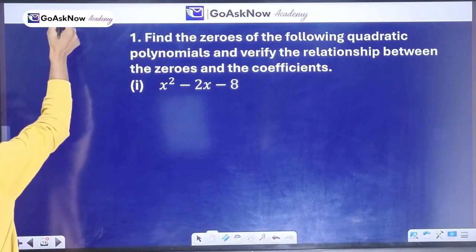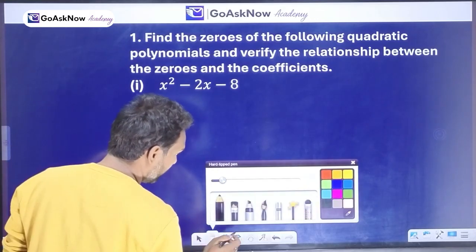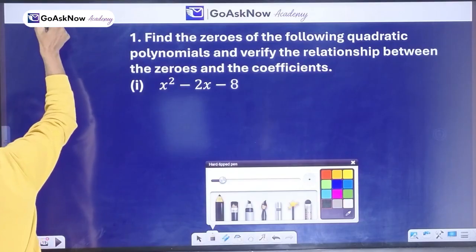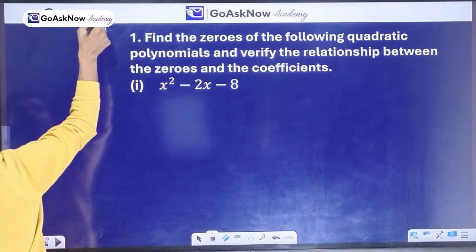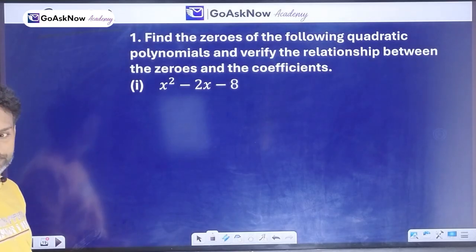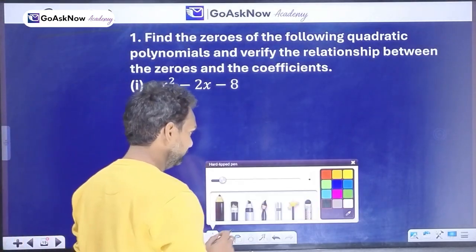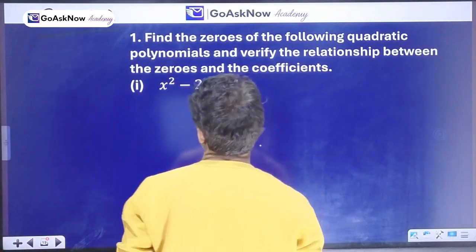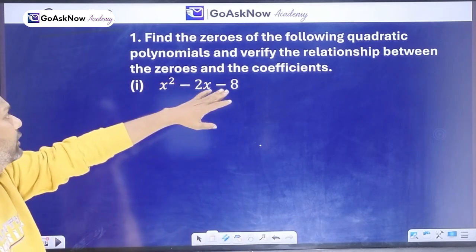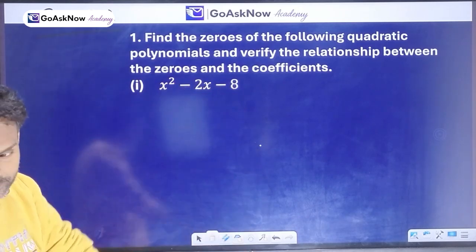Now exercise 2.2. Find the zeros of the following quadratic polynomial and verify the relationship between the zeros and the coefficients.